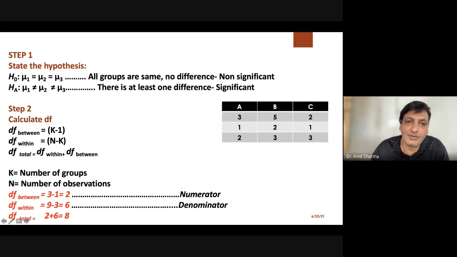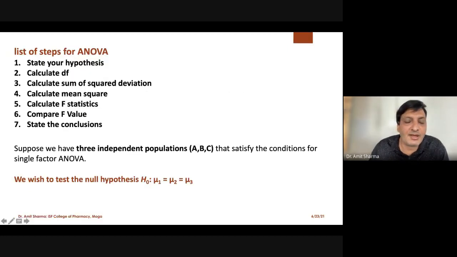Because whenever you do it manually, it will take time to calculate all these 7 steps. So they will limit it to 3 to 4 readings under each group. Here you can see that in each group we have 3 readings and we have 3 different groups. That means a total of 9 readings are there. So we'll go back to the readings and see what the different steps are.